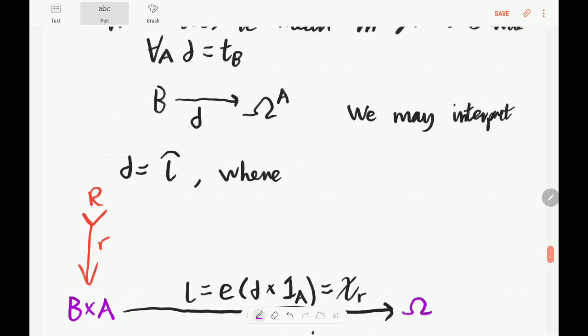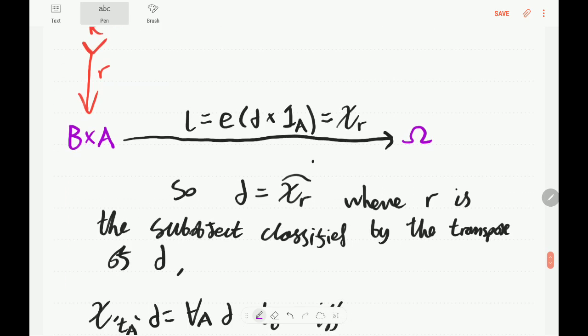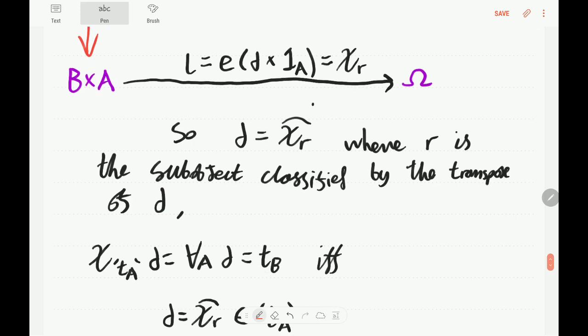So then we can rewrite D as chi R transpose. So D equals chi R transpose, where R is the subobject classified by the anti-transpose of D. All right then. So what does this mean?